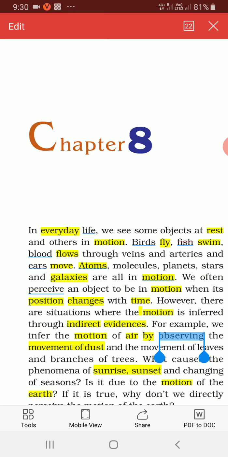These stars are all revolving around some galactic center. Stars together form galaxies, and so many galaxies are also moving around some centers. So every object is in motion.